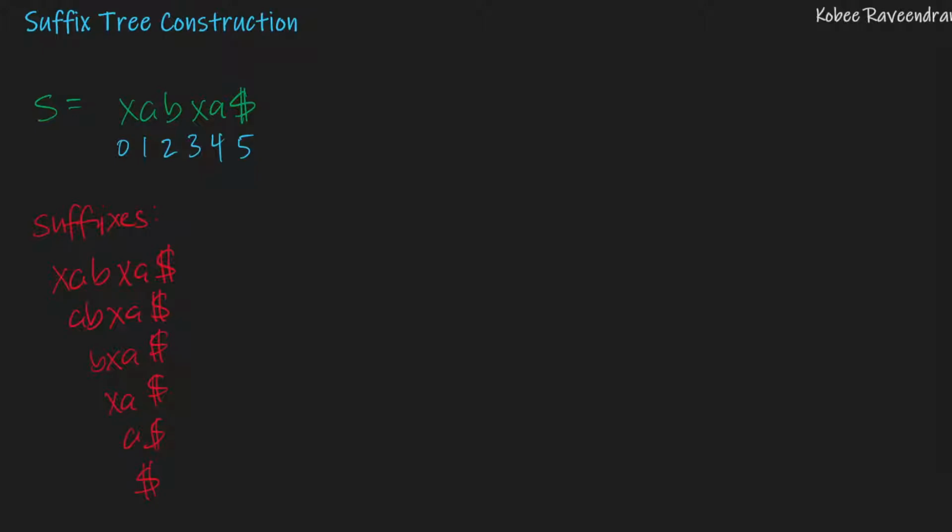But anyway, first step, we just start by adding our root node, and once we have that, we can start our iteration. This would be a for loop programmatically, but here I'm going from the largest to the smallest suffix. So in our for loop, we'd start at iteration 0, and we'd work our way to the right.